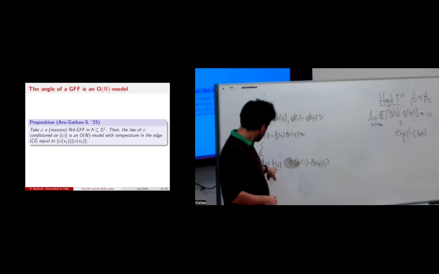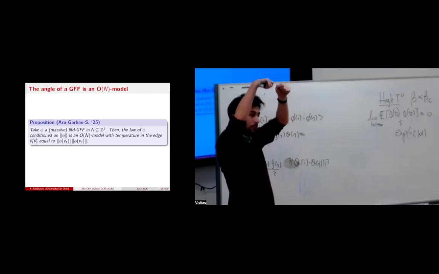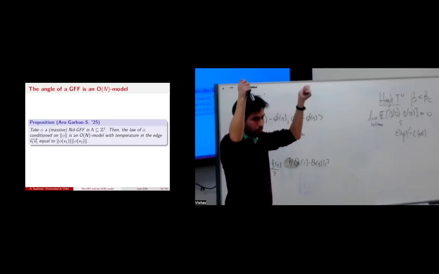a spin O(N) model in which the relationship between the edges is stronger or weaker depending on how big the norms are. It is quite natural. The bigger the norm of the GFF is, the more difficult it is to turn a little bit, because if you turn a little bit, you will have a big distance in norm squared.